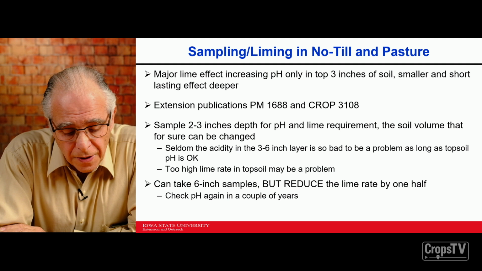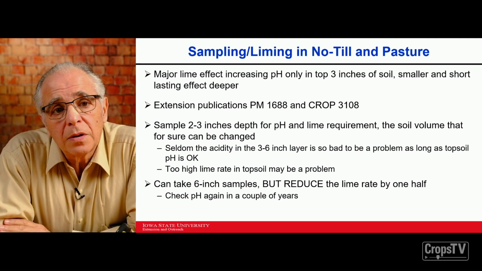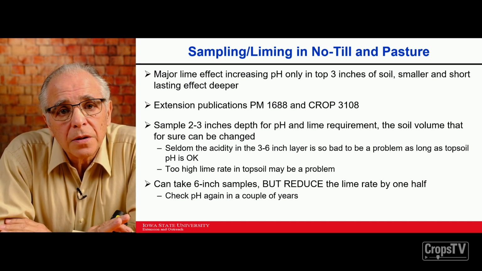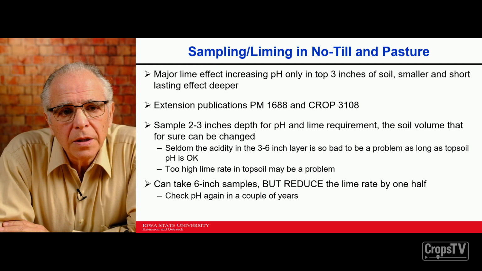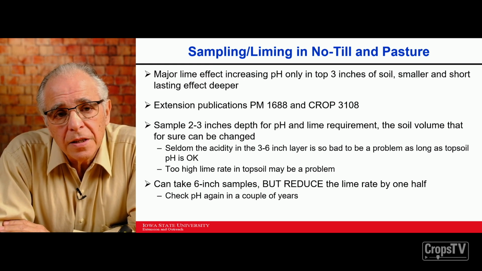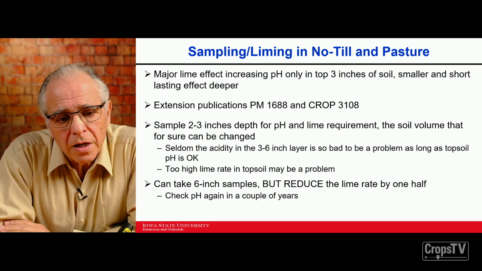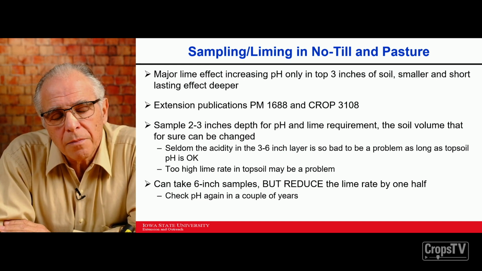So what we say there is that for no-till and pasture, sample the top 2-3 inches for pH and lime requirement, okay? Because that's the soil volume that for sure can be changed. This has been the recommendation in Iowa since the 50s, okay?